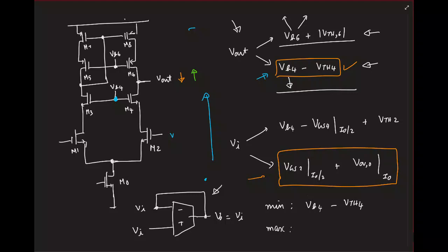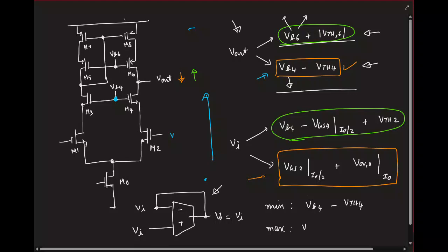What is the maximum? Maximum will be the minimum of these two. So let me circle these. Now again by the same logic, which of these do you think will be lower? At least VB6 will be higher, right? So VB4 will be lower. So here the maximum will be limited by this guy.